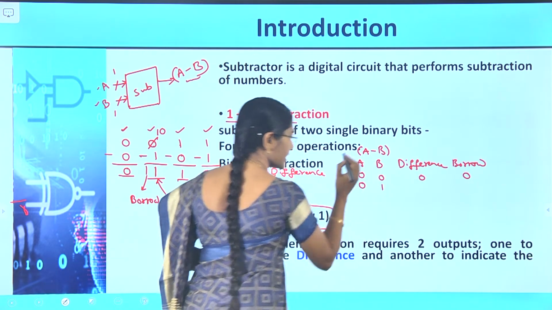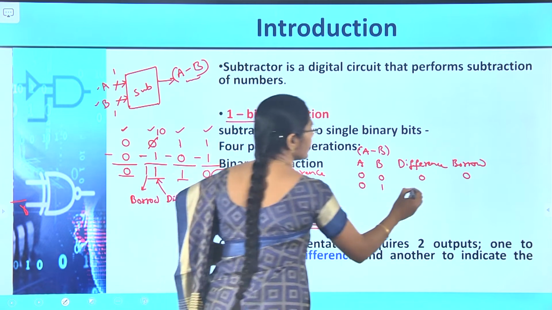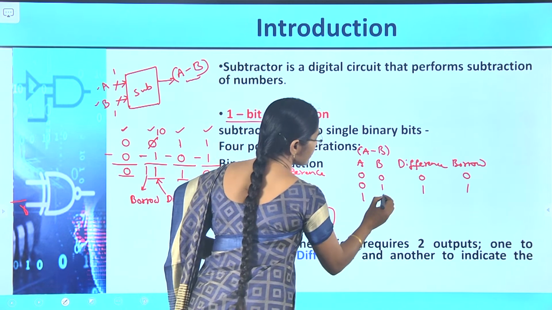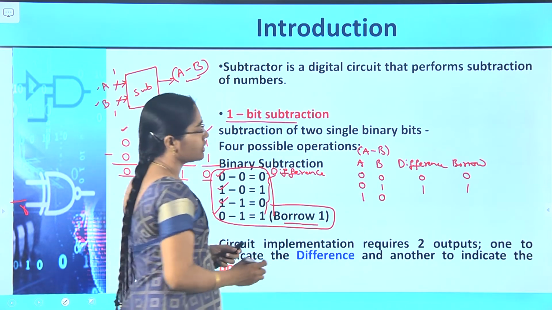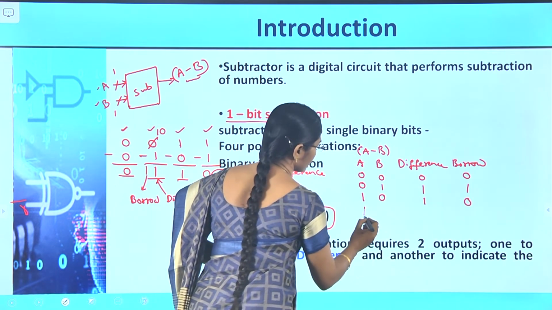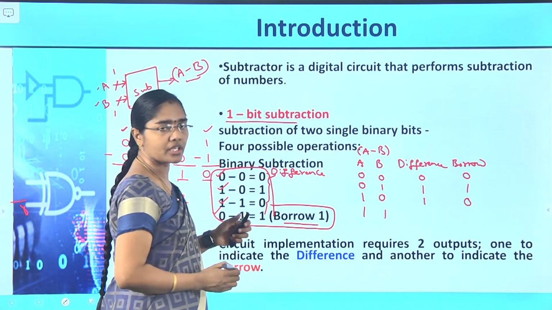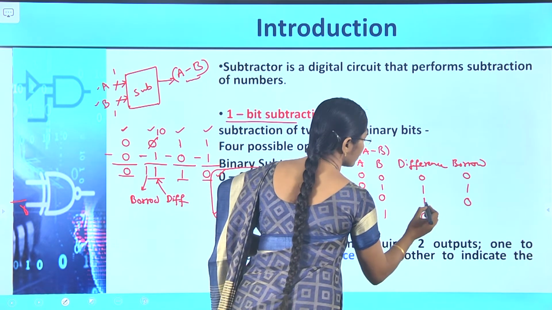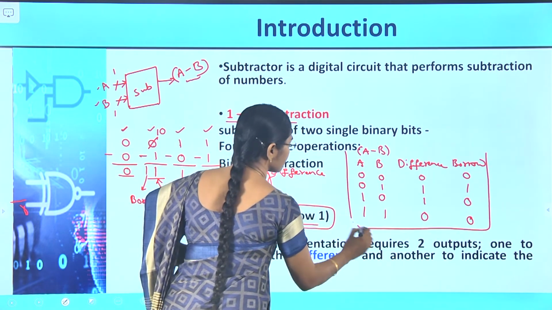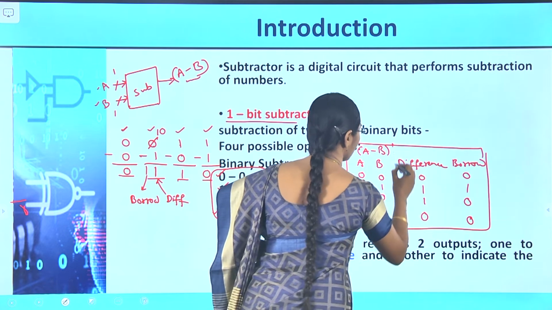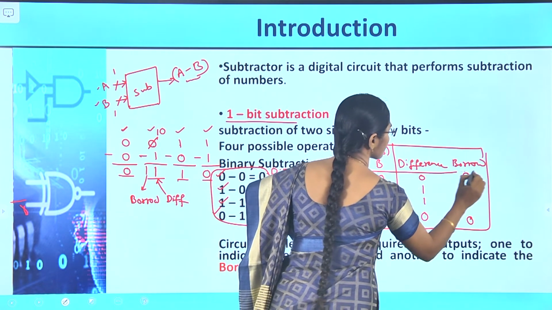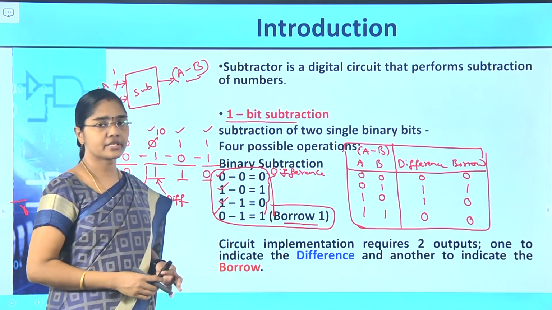For 0 1, difference is 1 and borrow is 1, since a borrow is taken. If A is 1 and B is 0, then difference is 1 and borrow is 0. For 1 1, A minus B, difference is 0 and borrow 0. These are the binary subtraction rules for the two single-bit inputs A and B.